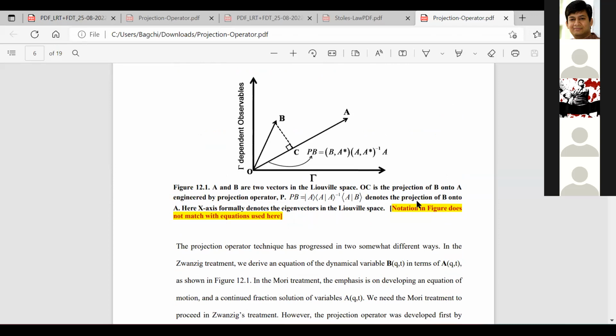So the basic idea is the following. It comes from hydrodynamics. So we have a space. We have a bunch of slow variables which we want to describe, and we know the equation for those slow variables.